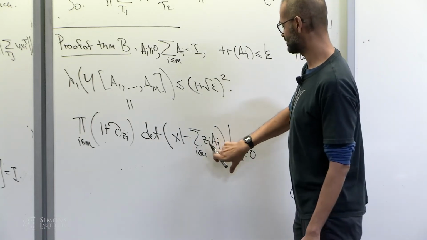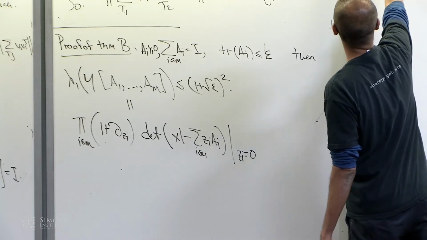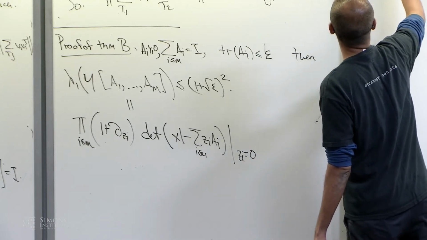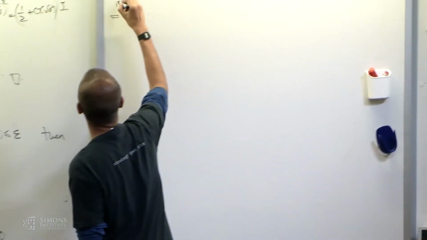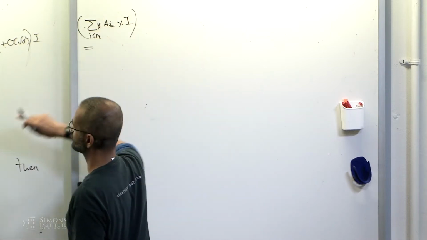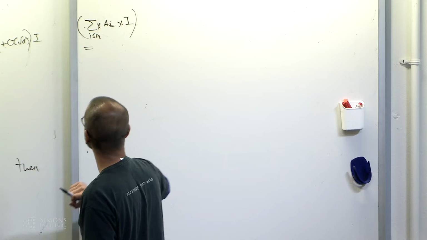So I'm going to replace z with minus z. That'll flip these signs. And I'll use the fact that summation of xi ai is just equal to x times identity. Right? So I've assumed the vectors add up, the rank 1 matrices add up to the identity.